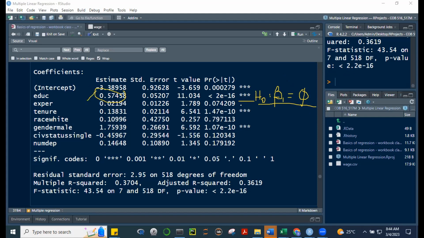And how do we interpret this? This means that for every 1 year increase in education, there's a corresponding $0.57 increase in hourly wage. That's our dependent variable, di ba? Hourly wage. There's a corresponding $0.57 in hourly wage, but we have to put this ceteris paribus.